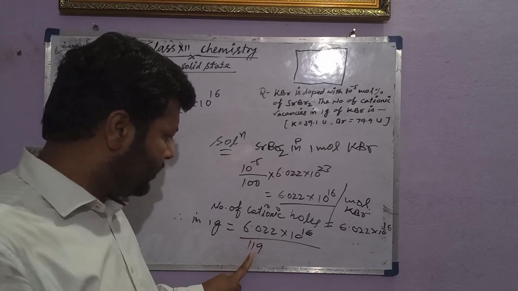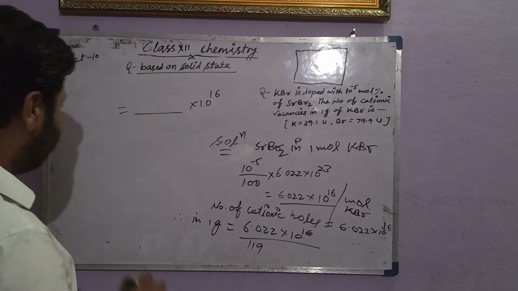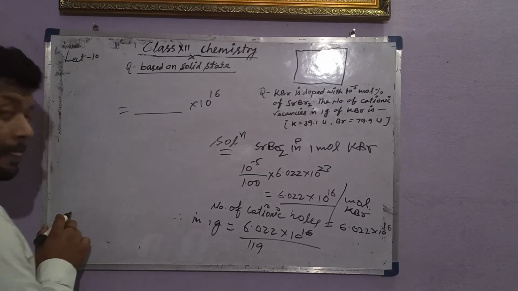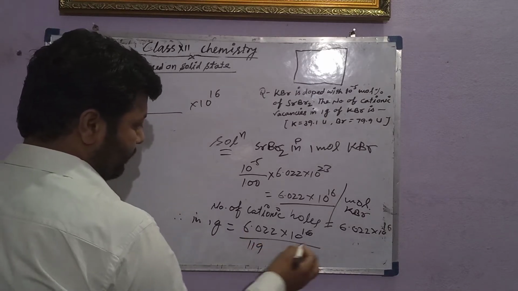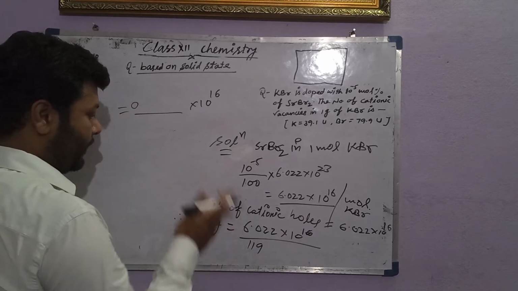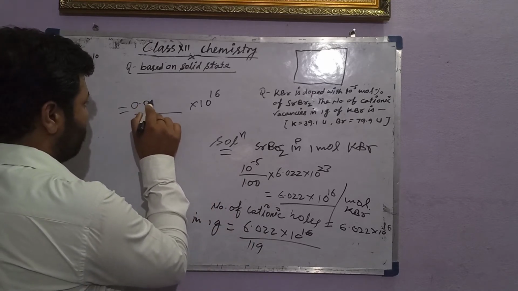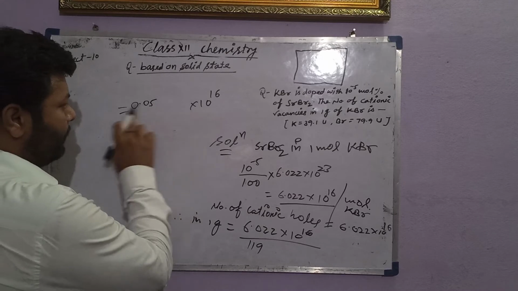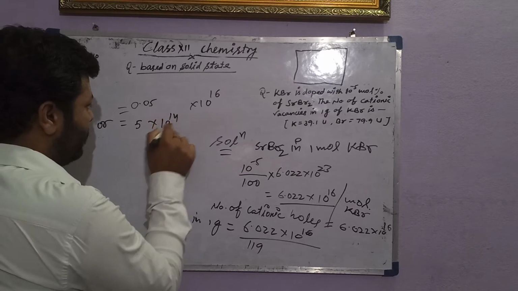Solve this value. I'm solving, okay? That will come to 0.05 if you solve 6 divided by 119, and you can write it as 5 into 10 to the power 14.